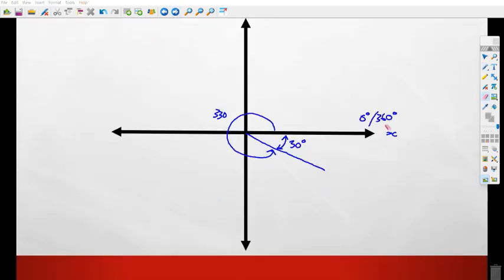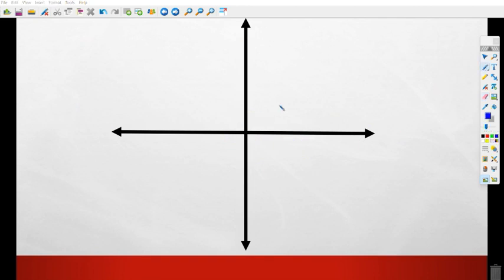Tan of 150 degrees. I'm going to draw a line at 150 degrees. Instead of saying tan of 150 degrees, I can also write something else, because it's the same triangle that I'm drawing in the first quadrant.